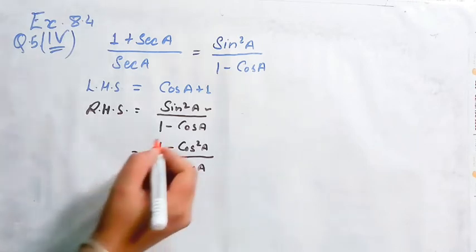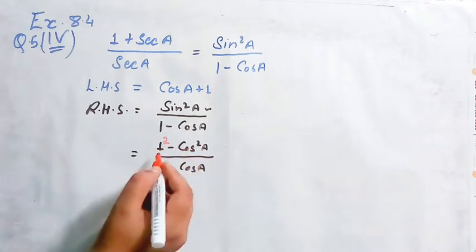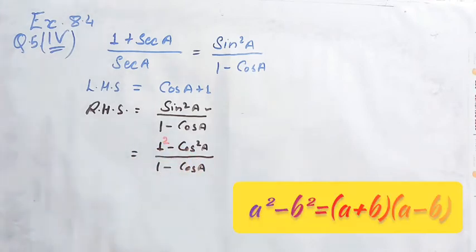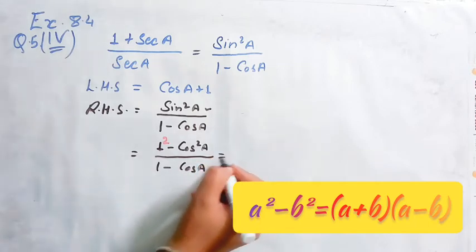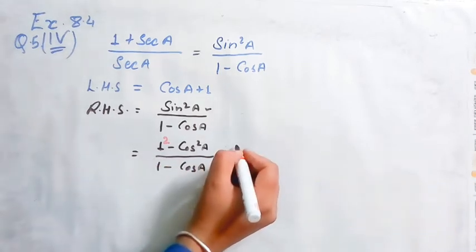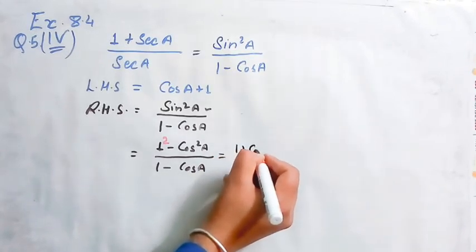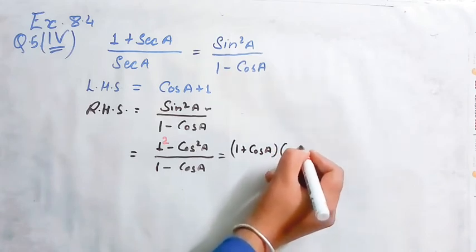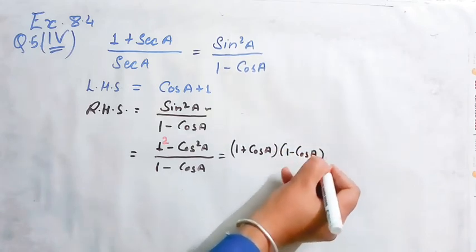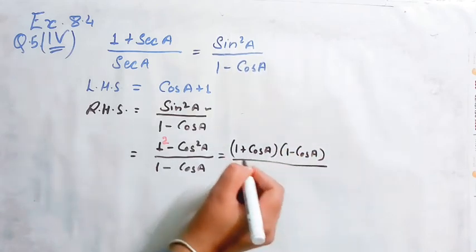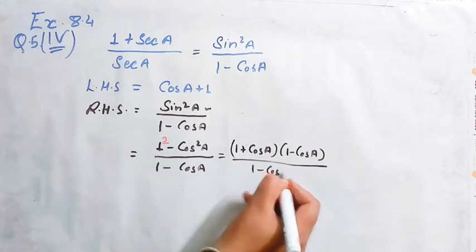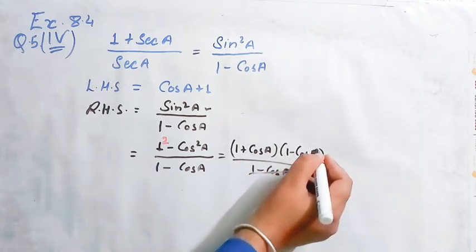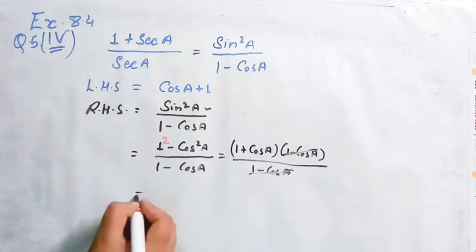Now 1 can be written as 1 square, and this will become a square minus b square, which is equal to a plus b into a minus b. So this will become 1 plus cos A whole multiplied by 1 minus cos A, and the denominator is 1 minus cos A. 1 minus cos A is cancelled.